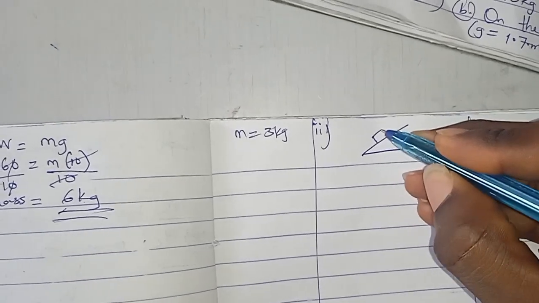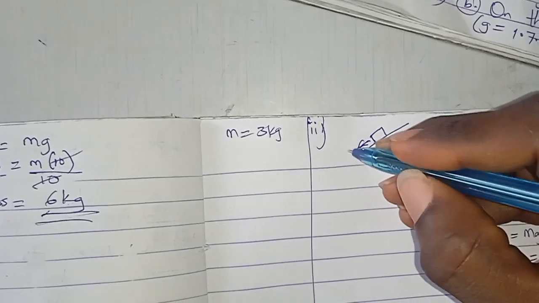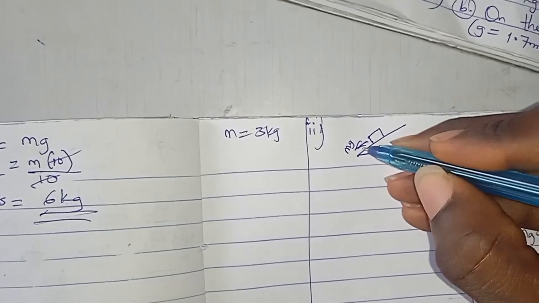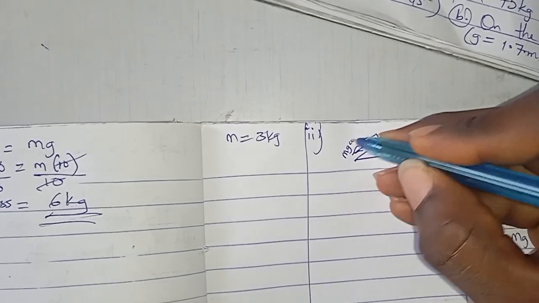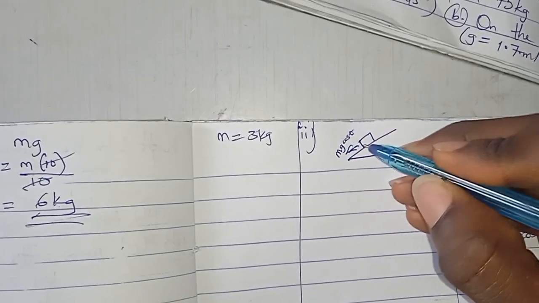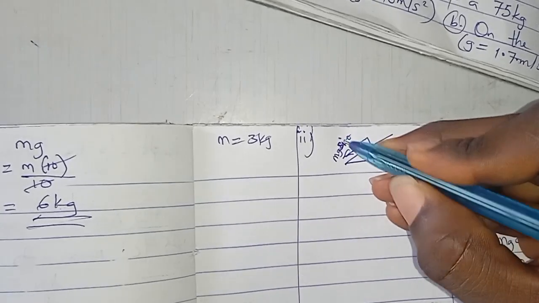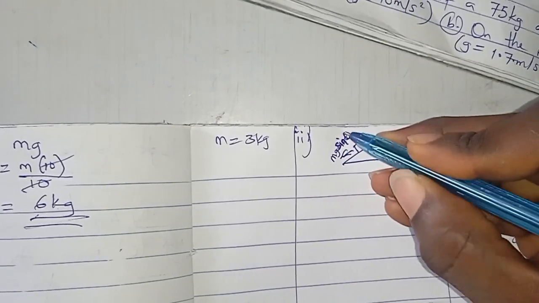So a body on an inclined plane only has movement this side, and the weight component on this side is mg at an angle; on the y-axis it is cos, and on the x-axis it is sine, so mg sine theta. Go and check our inclined plane video.